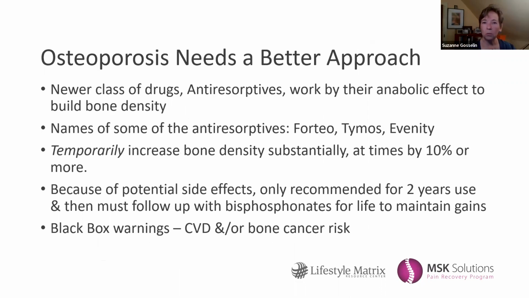The second group, the newer class of drugs, go under the umbrella term of anabolic agents, and they work in the opposite manner. The previous group, the bisphosphonates, worked on preventing bone resorption, whereas these work on building bone formation, okay, the anabolic effect. Both of them have some problems associated with them.